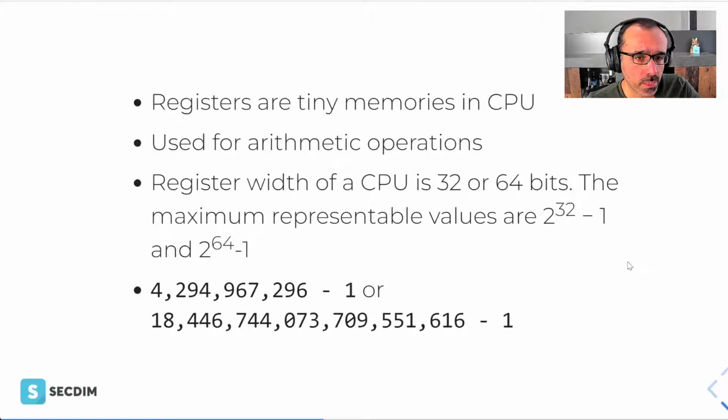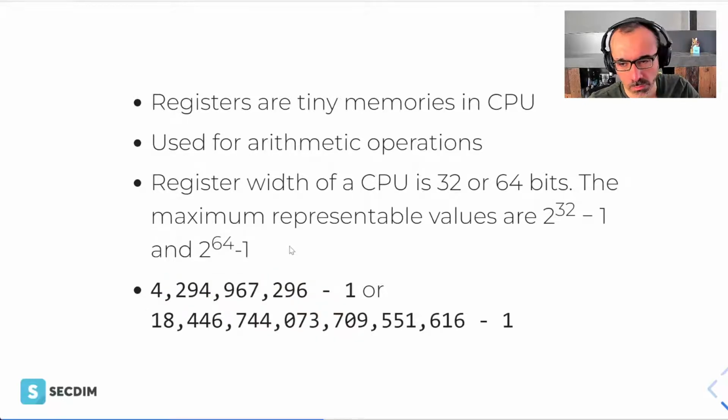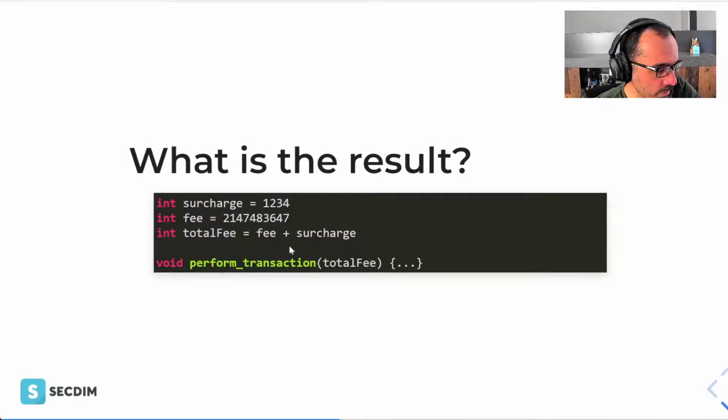So with that in mind, let's just focus on 32-bit for a while and look at this number that you see here. Let me move into this code sample. We have three local variables declared as int, in a 32-bit system. It will receive a surcharge, it will receive a fee, and it tries to do this arithmetic, adding these two numbers together, and eventually passes that value to a function to perform a transaction.